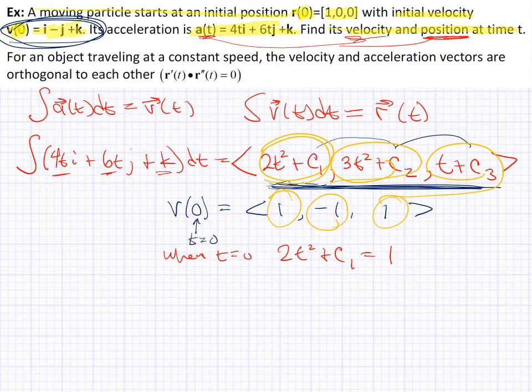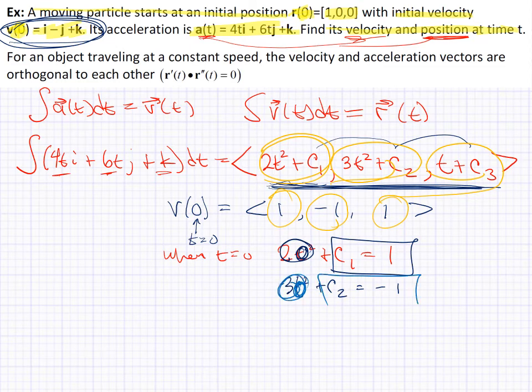Well, if t equals 0, then this whole piece is 0, so that tells me c1 equals 1. And we also know that 3t squared plus c2 has to equal negative 1. Again, t being 0, this is 0, so there's your c2. And the last one is that t plus c3 has to equal 1. If t is 0, then we get c3.